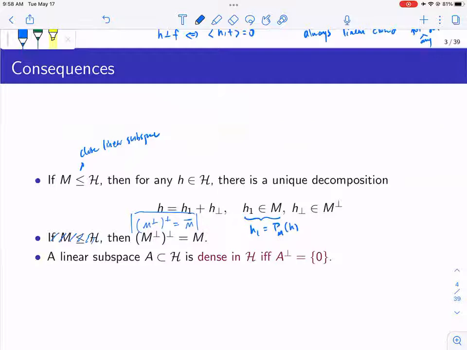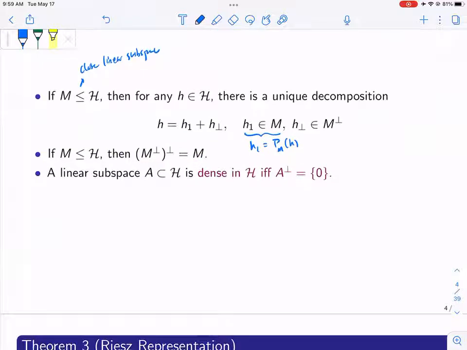Yeah, what I want to say is that in general, M perp perp is going to be the closure of M. The closure is just M together with all the limits of the sequences in M. You can try to argue this for yourself.